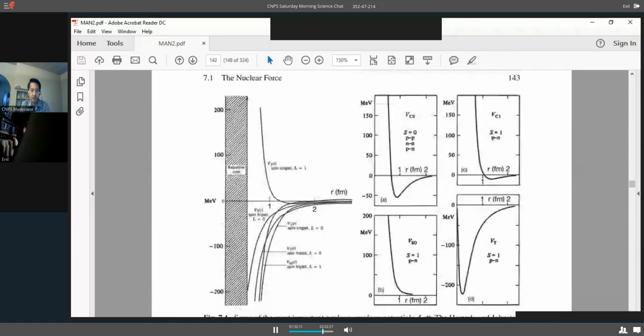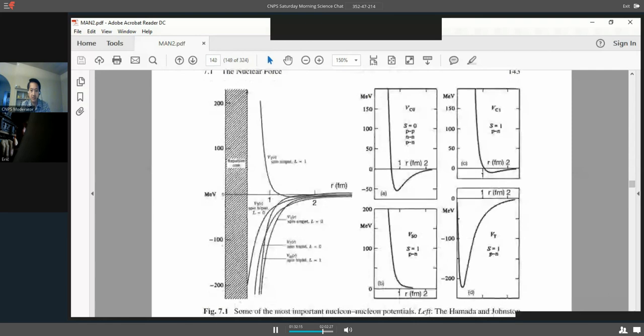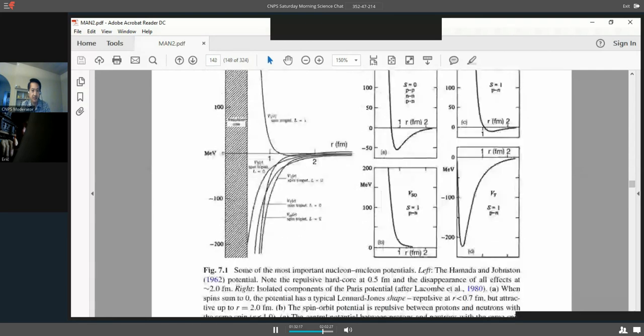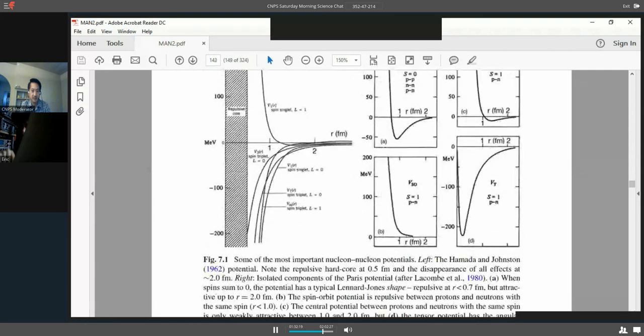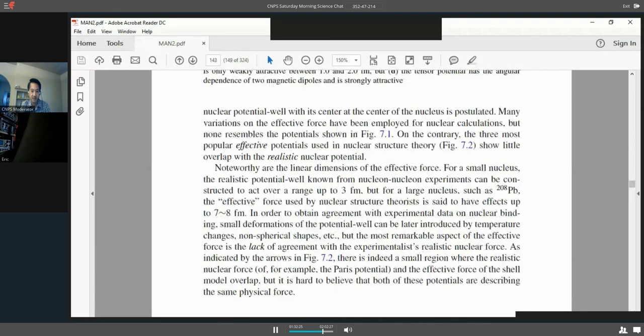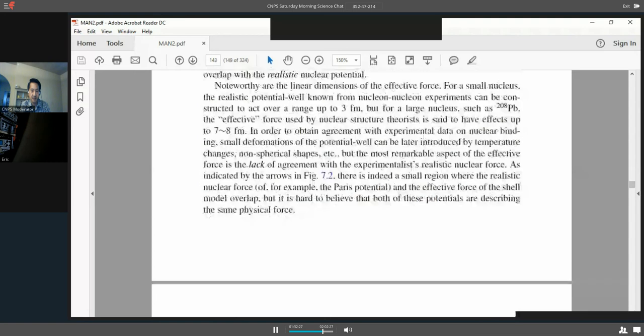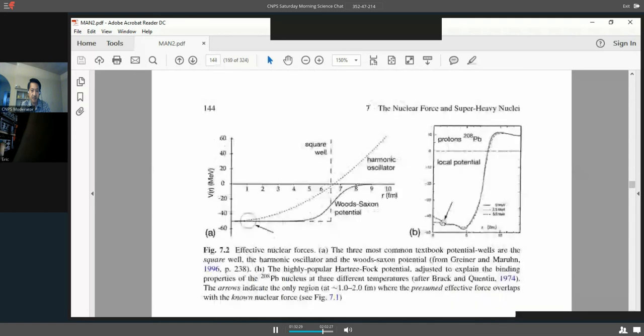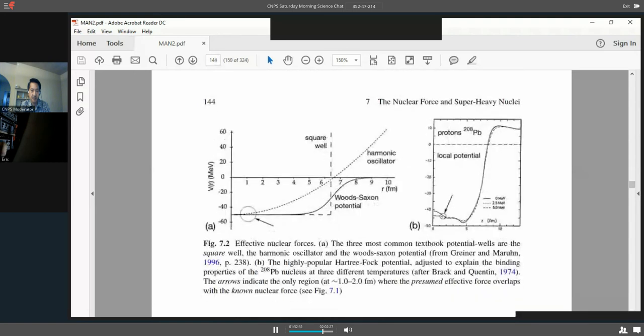So here they're talking about the nuclear force, which some people claim doesn't exist. Well, there are forces in the nucleus, but they're not strong interaction forces and weak interaction forces. They're electromagnetic. I agree with that strongly.